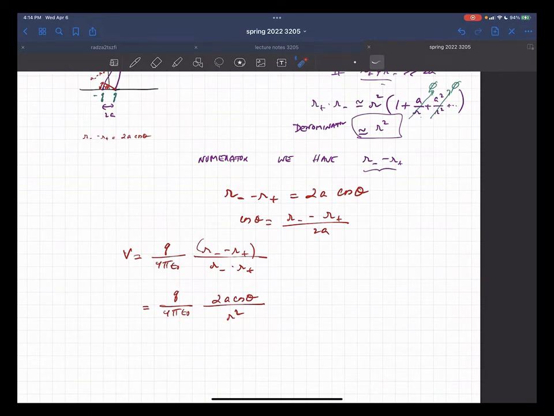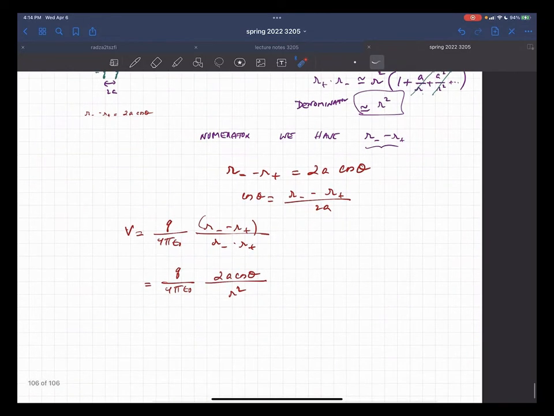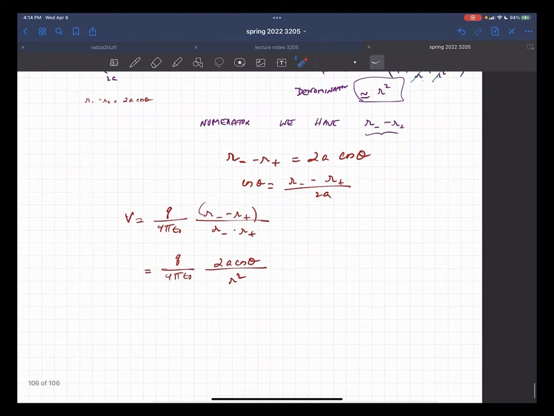Remembering that, if you guys remember, we defined this concept called dipole moment, which is P, that's equal to 2aQ. So that's sort of this guy.